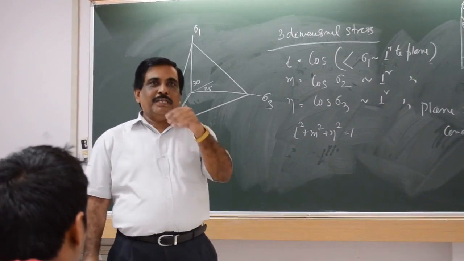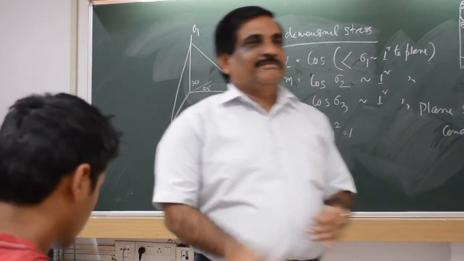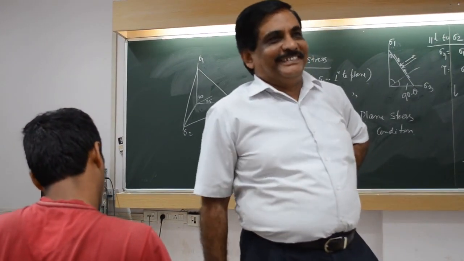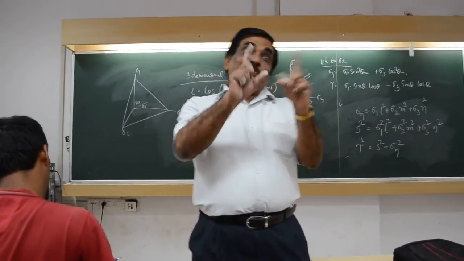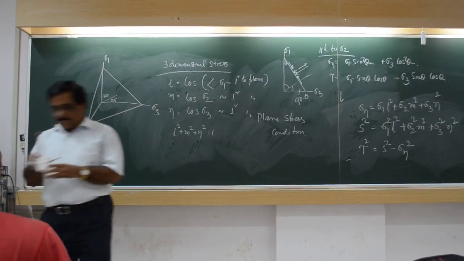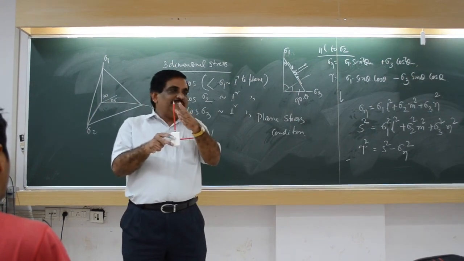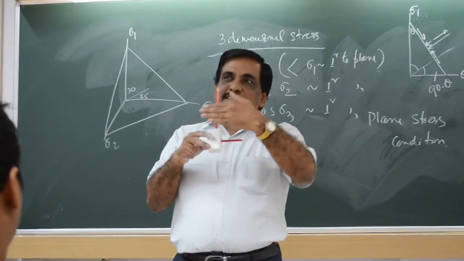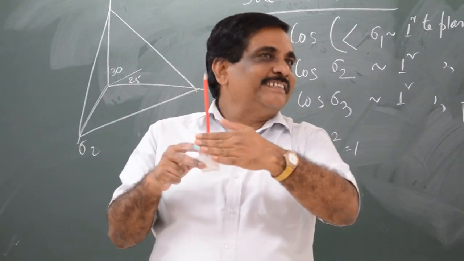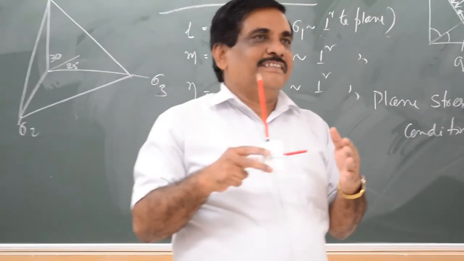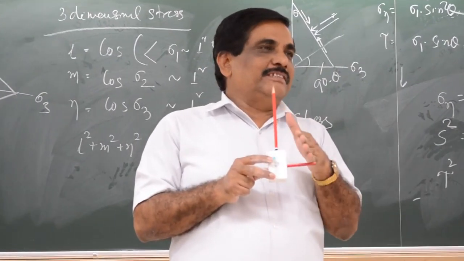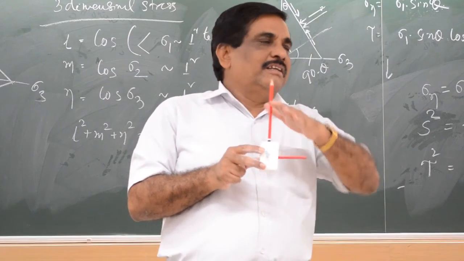Okay? Now I will ask you. I gave you so many equations. What type of equations did I give you? I gave an equation like this, and like this. Then there is no plane left out now. You can have a plane like this, at any angle.